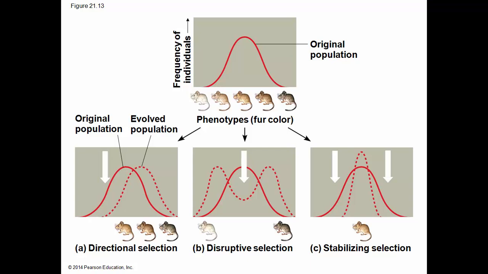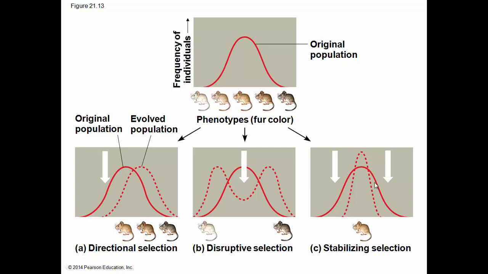The disruptive selection acts against those mid-colored, tawny mice, and it pushes the selection to favor either of the two extreme phenotypes.